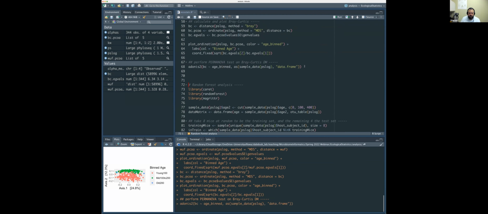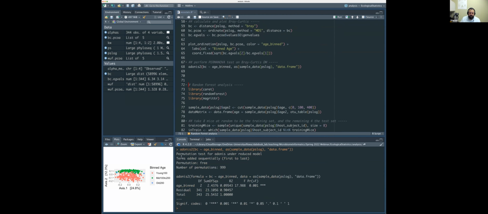And then what we end up with is the output from adonis. It tells you it ran a permutation test with 99 permutations, gives you the formula, and then gives you the significance table. Based on that, again, as with the alpha diversity, the group-wise test was significant.